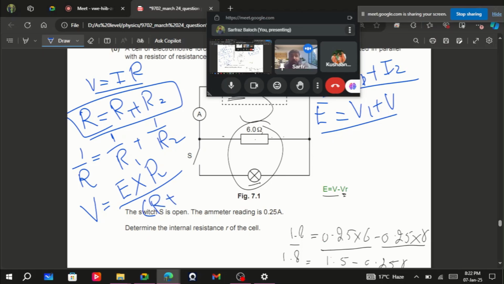Let me call it Rx, and the other one Ry. So you should also remember this formula for calculating potential difference across a resistor.